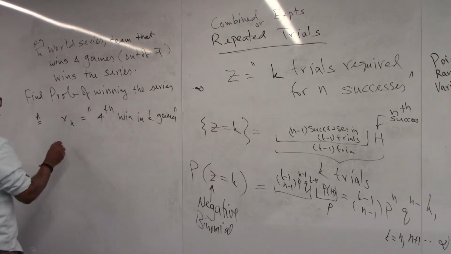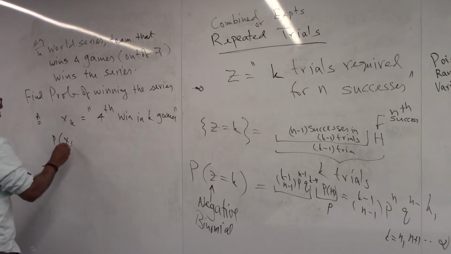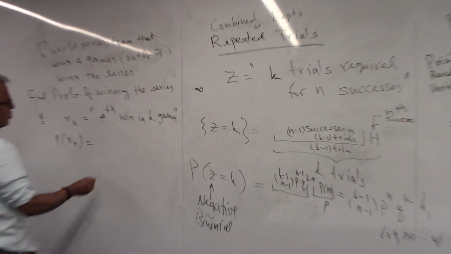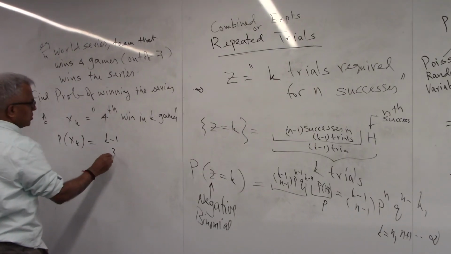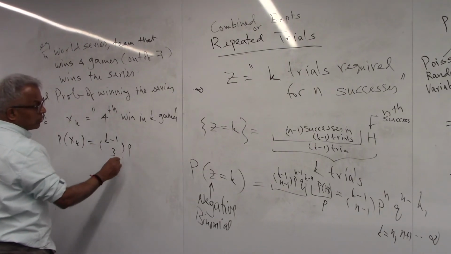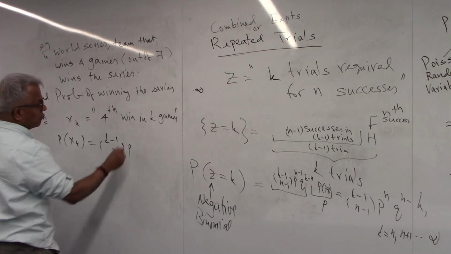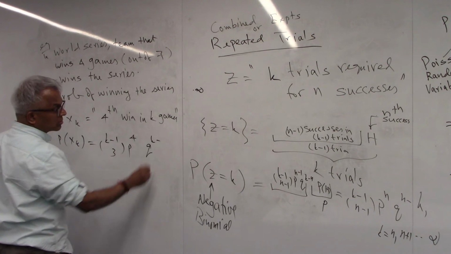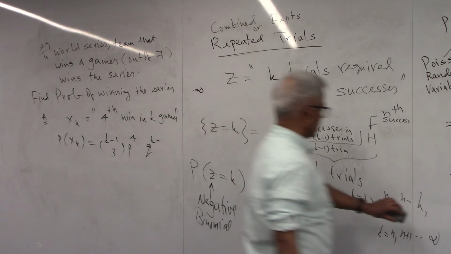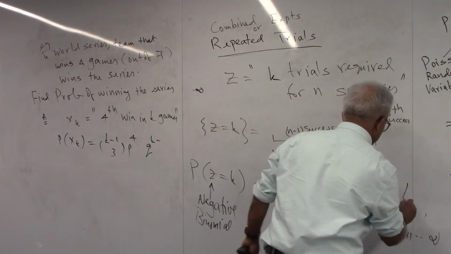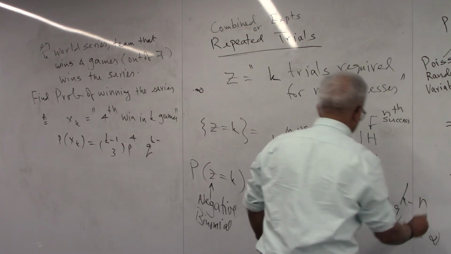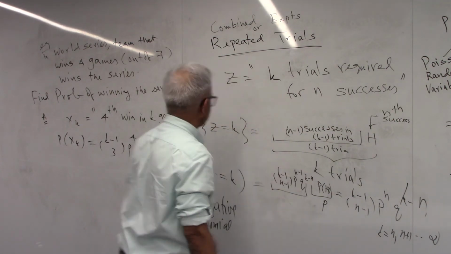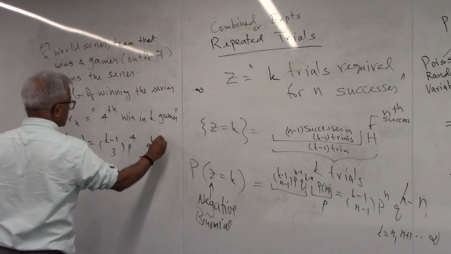We know the probability of Xk. That's going to be precisely this expression with n equal to 4. So this is k minus 1 choose 3, p to the power 4, q to the power k minus 4. K minus n, right? K minus n is 4.